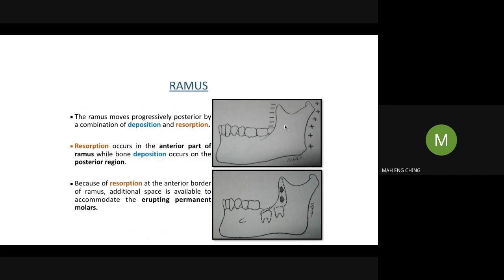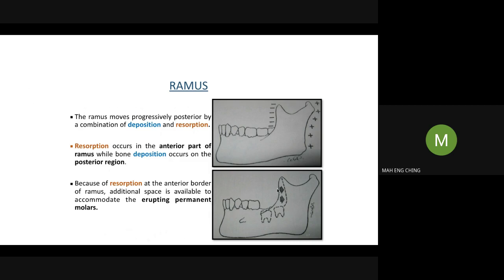Because of the resorption at the anterior border of the ramus, additional space is available to accommodate the erupting permanent molar. So you have the second molar, then we have the third molar, which is waiting to come out. That's why your mandible must grow a bit longer with time.